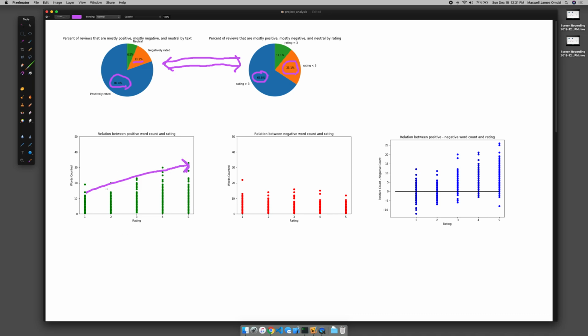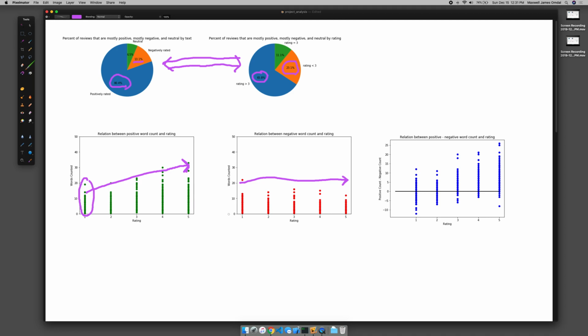This isn't super strong here. We still see, like we were saying before, a lot of positive words even when we are rating something low, like a 1. So it's rather flat, and we see the same relationship when we're looking at negative words. It's much more flat. But what gets interesting is when you start finding the difference between positive and negative words, right? Like I was saying, there are just overall more positive than negative words.